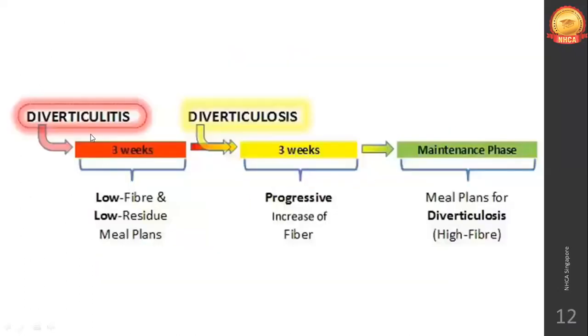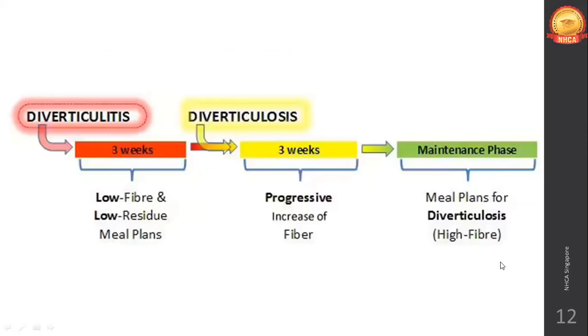After you have treated the diverticulitis, you will still have certain outpouches, and slowly, when you increase the fiber intake, it goes into a maintenance phase where specific meal plans for diverticulosis patients are maintained, which naturally means a high fiber meal is maintained for the patients. That is the dietary management we can do for diverticular diseases.